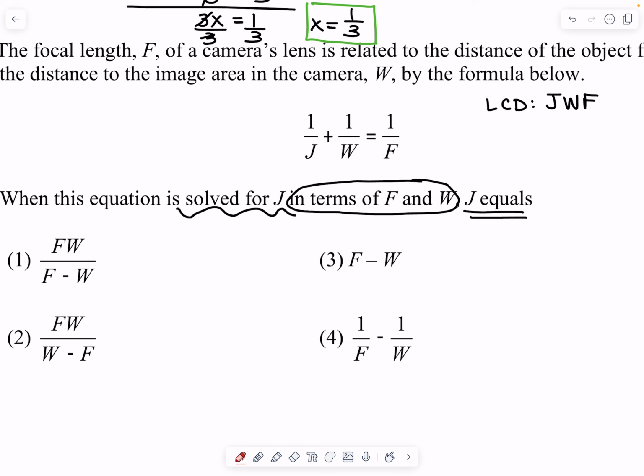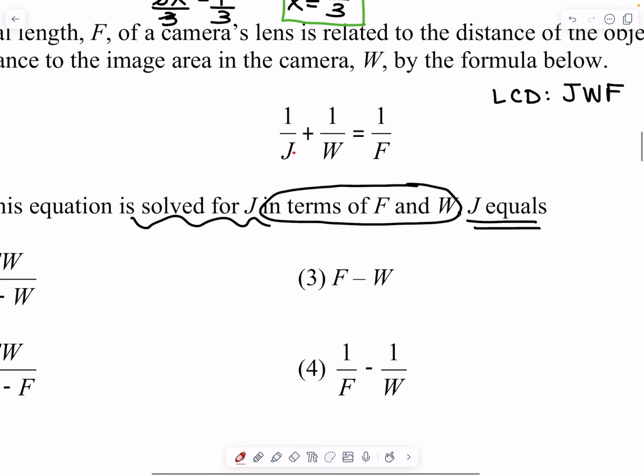So if the first fraction has a J, it needs the W and the F in the top and the bottom. The second term has W, so it needs the J and the F in the top and the bottom. And then the last term has the F, so it needs the J and the W, top and the bottom.